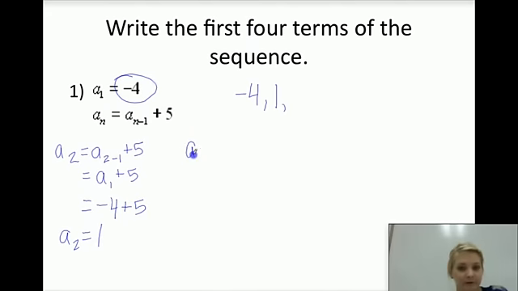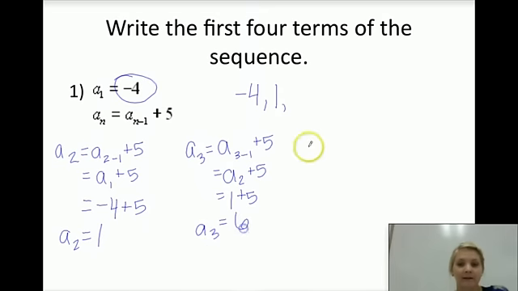Now to find the third term, we do the same thing. So we have a sub 3 equals a sub 3 minus 1 plus 5, so that equals a sub 2 plus 5. So to find that third term, we have to know what the second term is, which we just found to be 1. So we substitute 1 in for a sub 2: 1 plus 5, so a sub 3 equals 6.